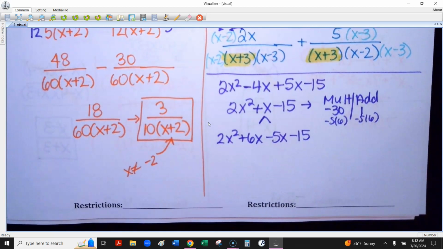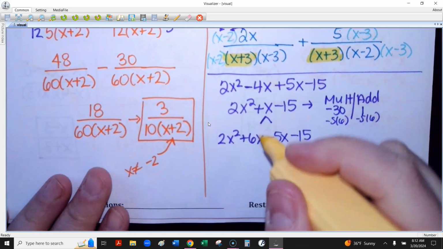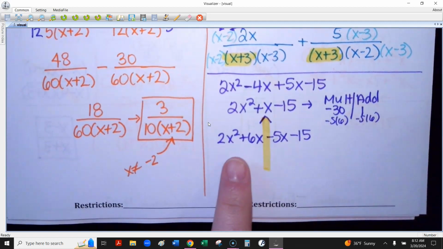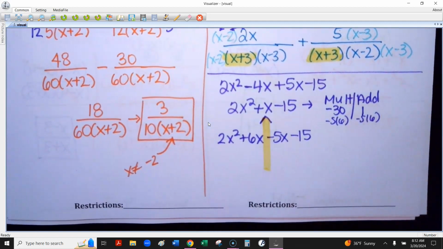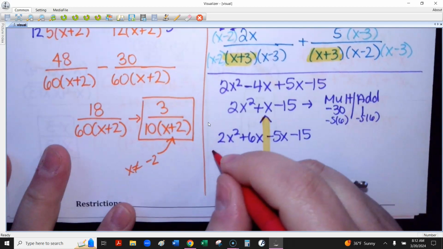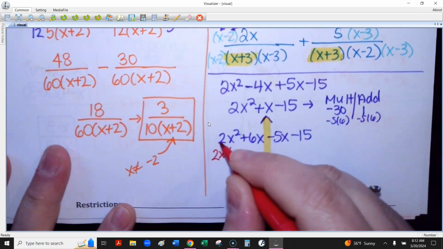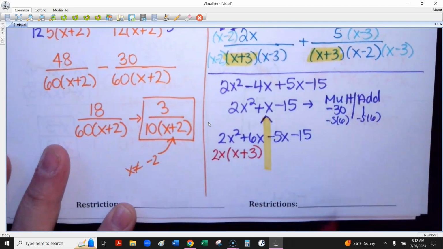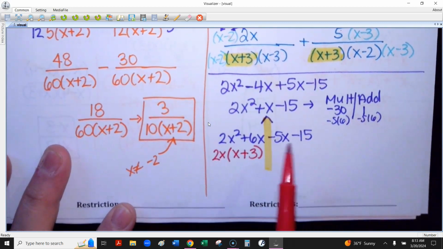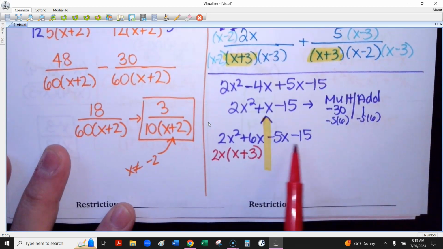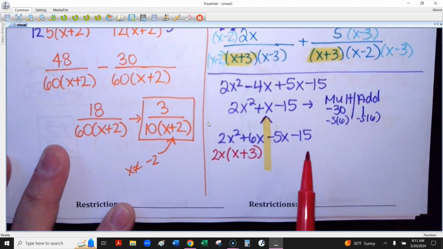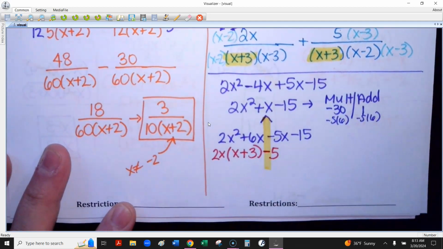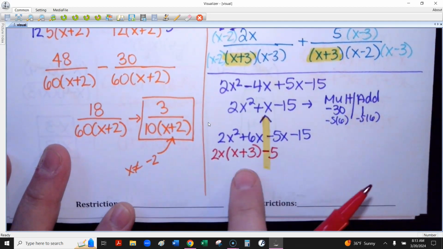Okay, to factor this, you're going to go straight down the middle. In the first two terms, see what those have in common. So 2x squared and 6x, 2 and an x. If I divide that out of both of those terms, you'd have x plus 3. Now this is a little tricky. If both of these terms on the other side here, see how they're both negative? Both of them are divisible by 5, so I'm going to take out a -5. If they're both negative, take out a negative.